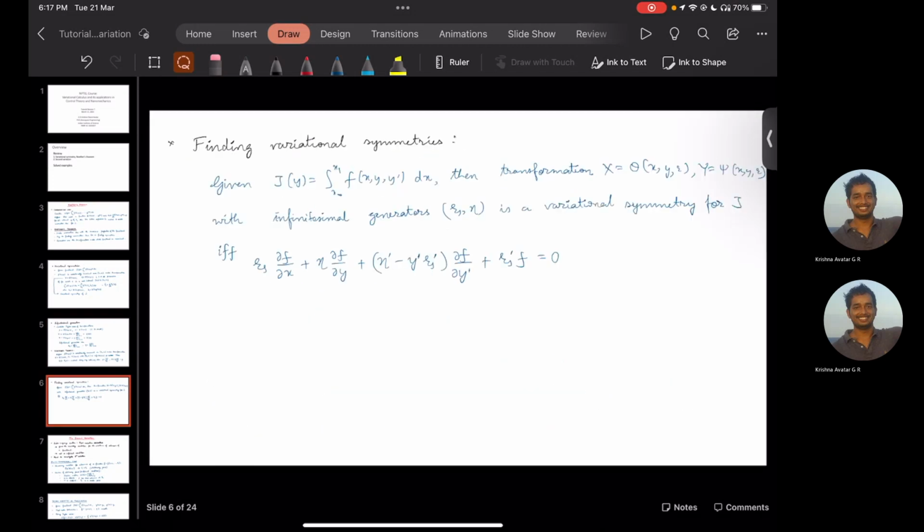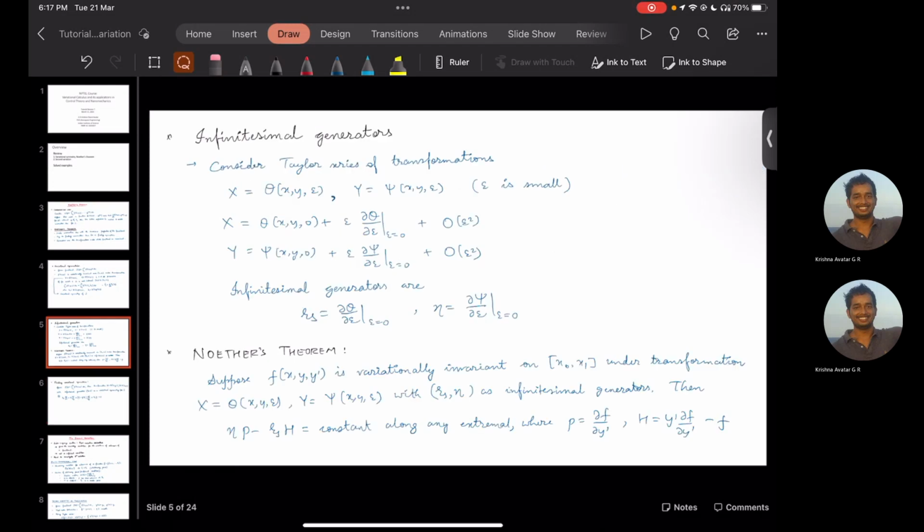Okay. Now let's talk about how we find the variational symmetries. When you take a closer look at Noether's theorem, all that it asks us is to find xi and eta, which are the infinitesimal generators.